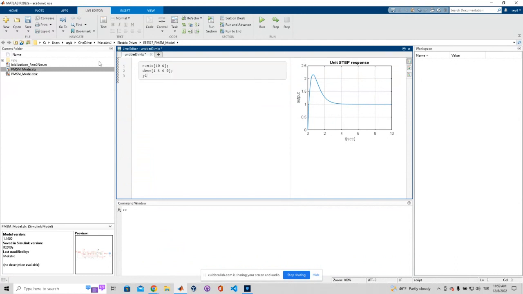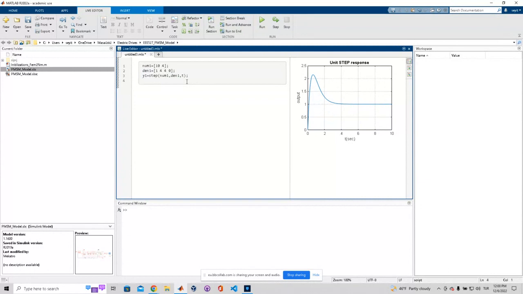For the ramp response, we're gonna take a step response of our system first, all right? Numerator 1, denominator 1, and then your time frame.